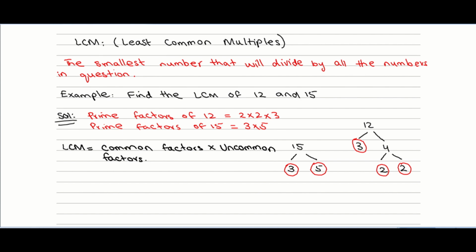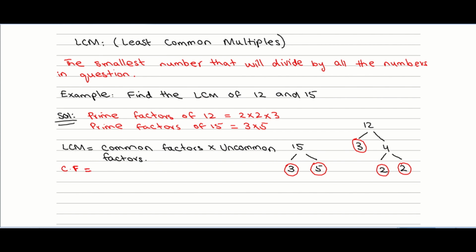Common factors are the numbers that are in both of the numbers. Uncommon factors are those that are in either 12 or 15. Let's say we are using CF for common factors and UCF for uncommon factors.